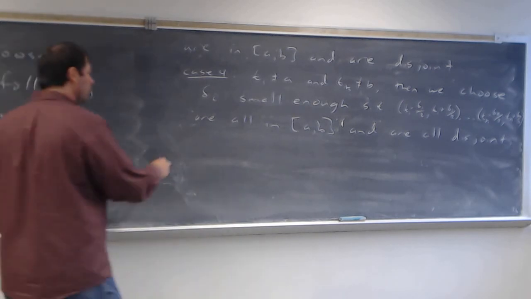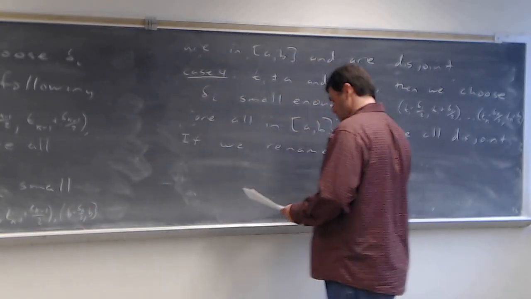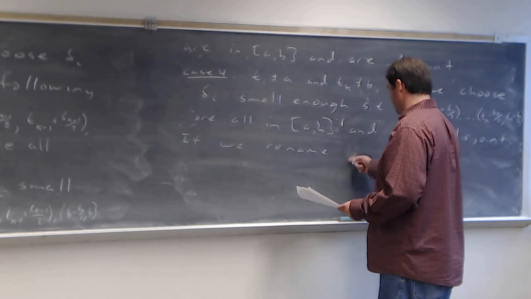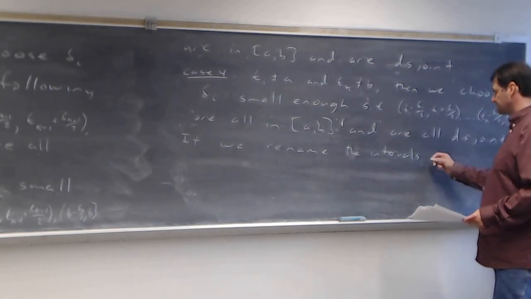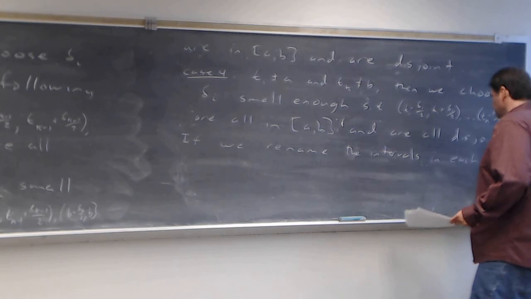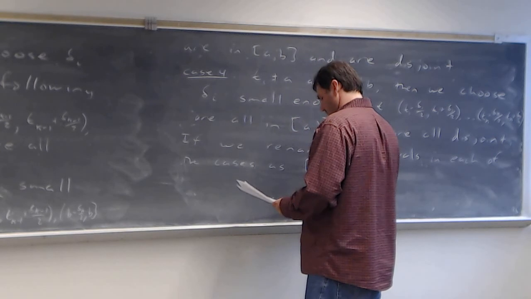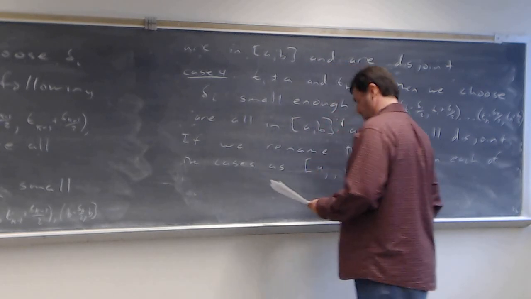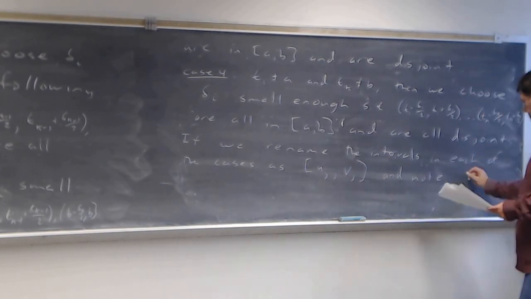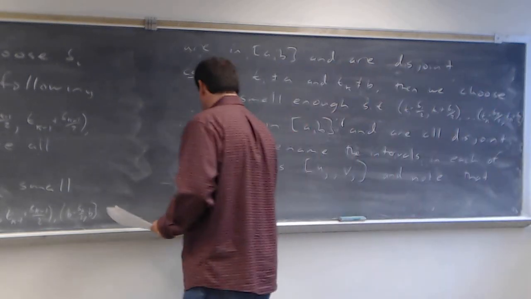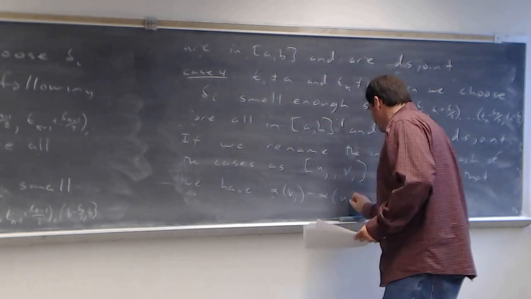Okay, so what we're going to do is, if we rename the intervals in each of the cases as u sub j up to v sub j, and note that we have alpha of v sub j minus alpha of u sub j.